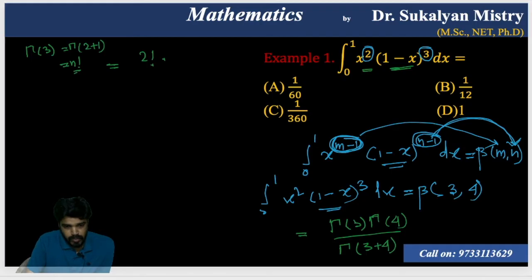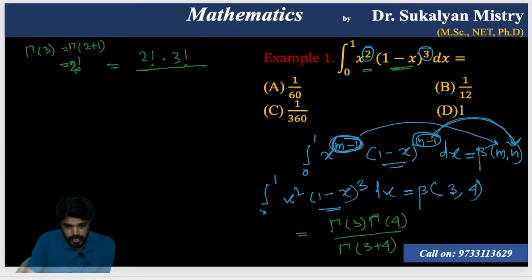Similarly gamma 4 will be factorial 3, divided by gamma 7. 7 is an integer, so gamma 7 will be factorial 6.